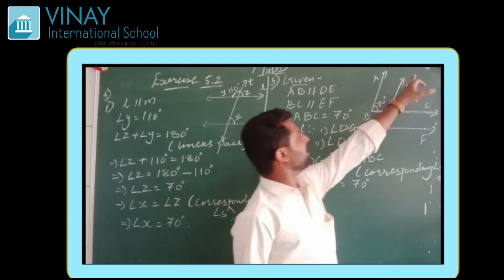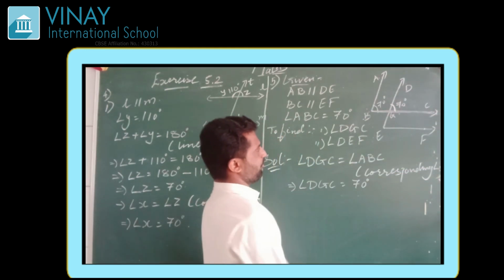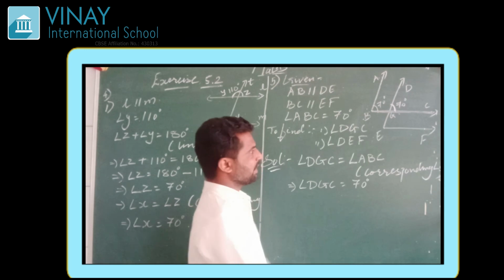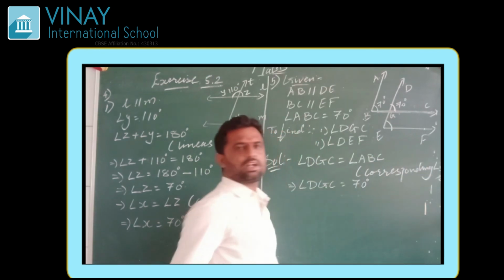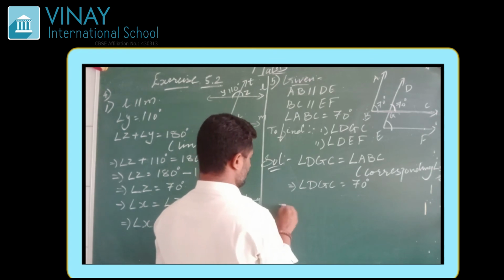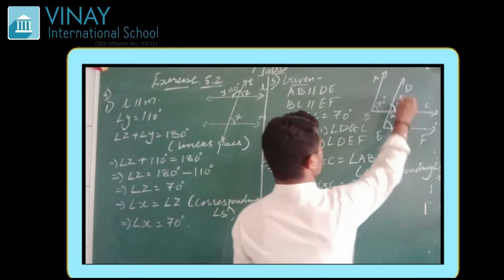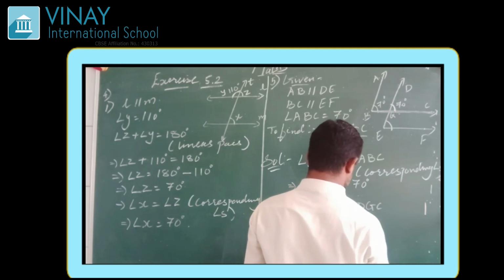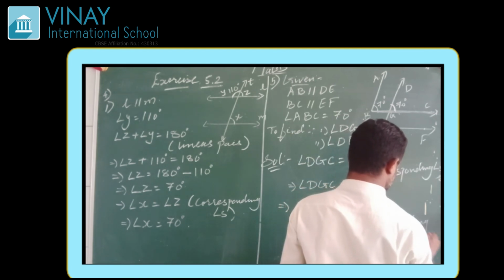Here AB was parallel to DE and BC is transversal. In the same way, BC is parallel to EF and DE is here the transversal. It means that again the corresponding angles are equal. So angle DEF is equal to angle DGC because again they are corresponding angles.